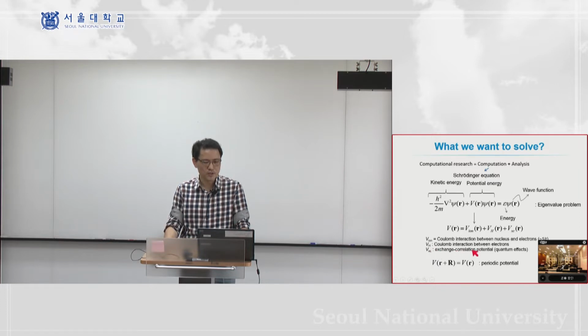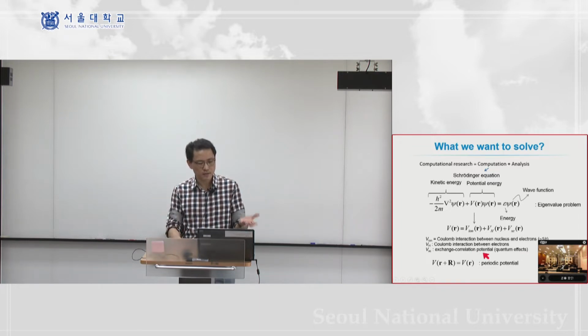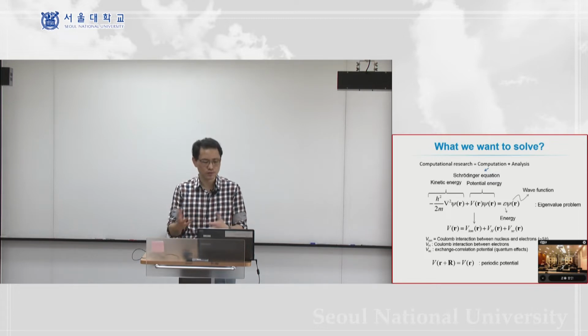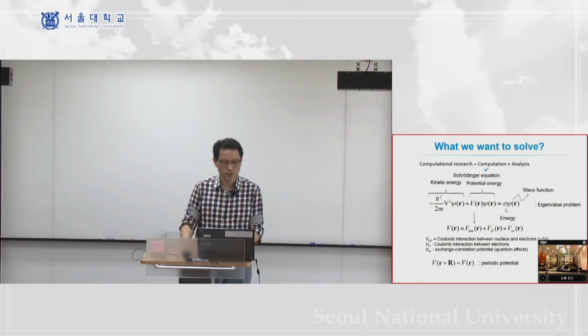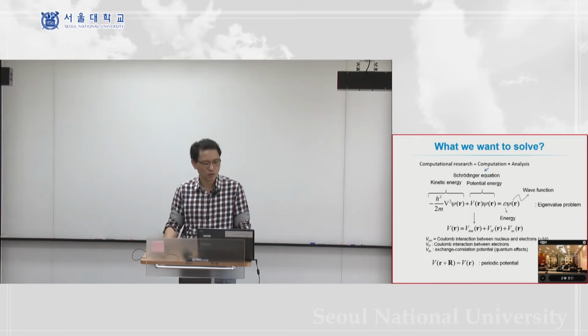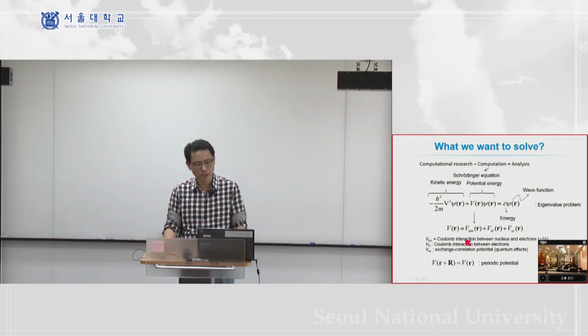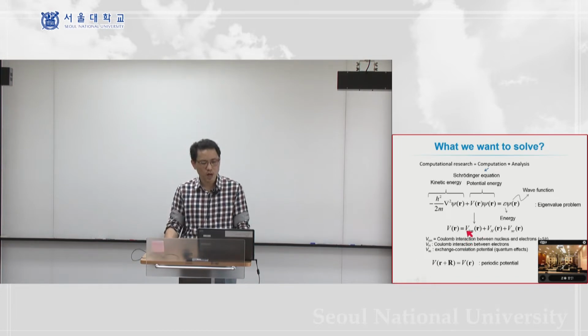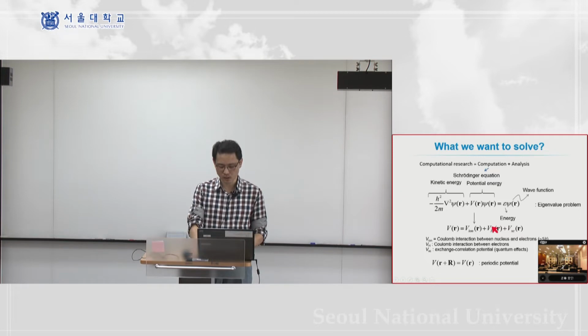This stems from quantum mechanical effects, and it reflects the indistinguishability of the electrons, the Pauli exclusion principle, and the exchange interaction. Everything is just dumped into this exchange correlation potential. These formulas come from density functional theory, but are simplified into one-particle Schrödinger equations. So we are going to solve these types of Schrödinger equations in a three-dimensional structure.